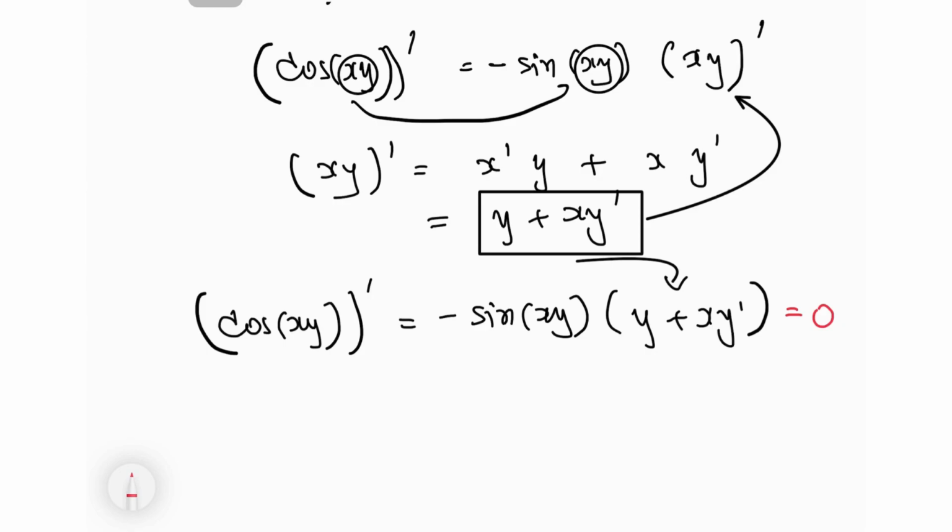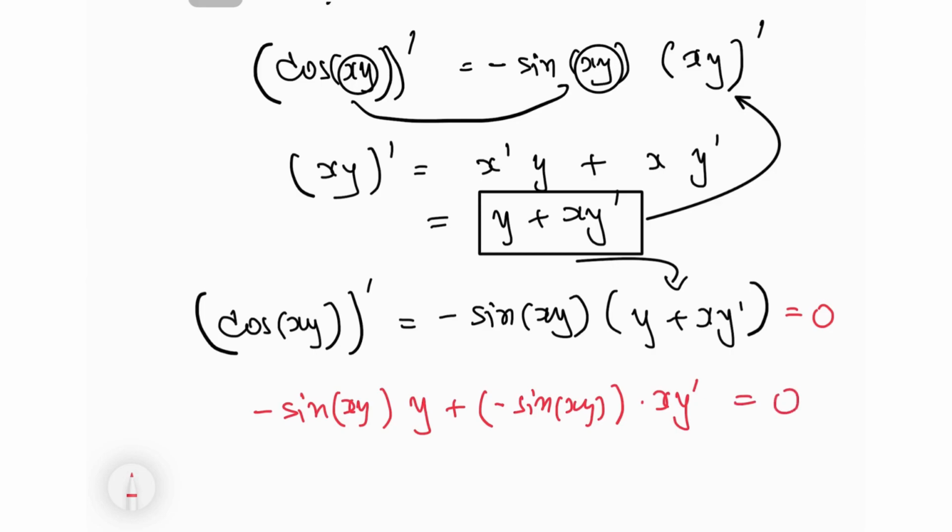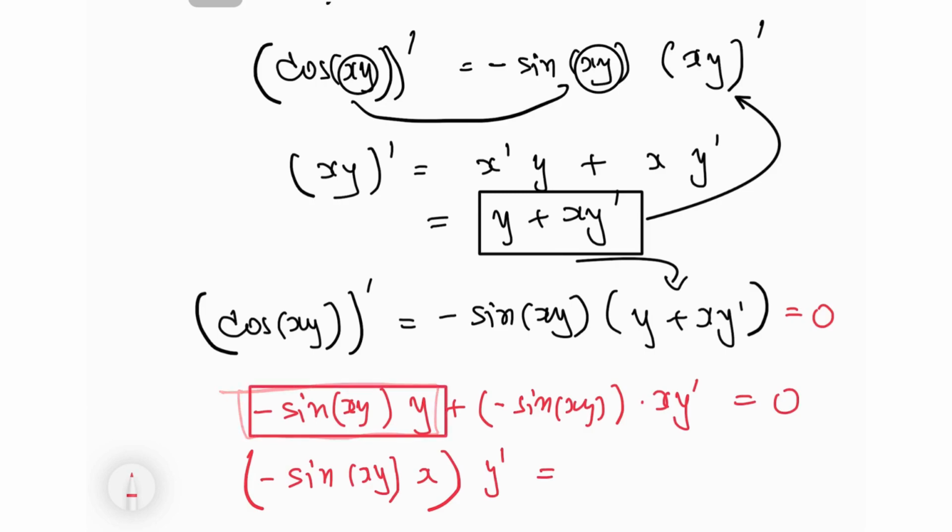So I can now simplify this. That will be minus sine xy times y plus minus sine xy times xy prime equals 0. That is now minus sine xy x y prime equals, this goes to the other side, sine xy y.